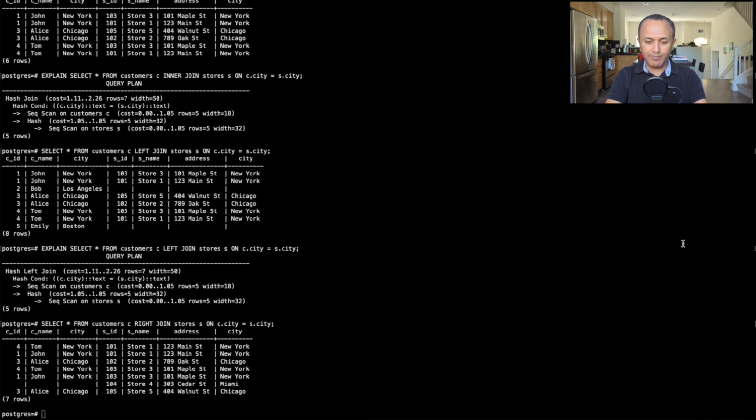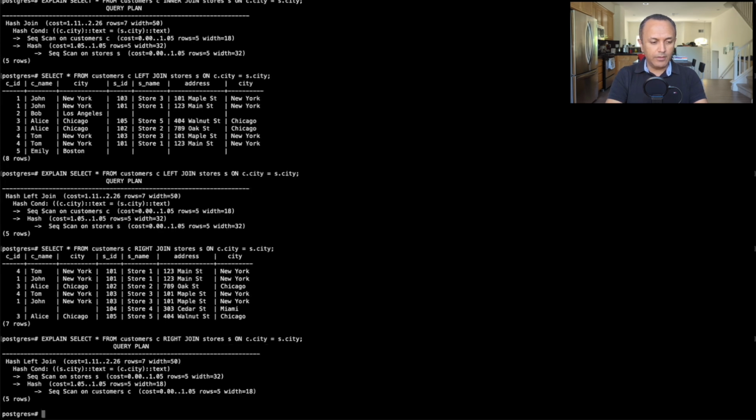And then let's look at the plan as well. This one is interesting because even though the query is a right join, the plan shows a hash left join. Like we've just explained, right join and left join can be swapped. When we say A right join B, it's the same as B left join A, right? So the optimizer can swap those if it realizes that using one is more efficient than the other.